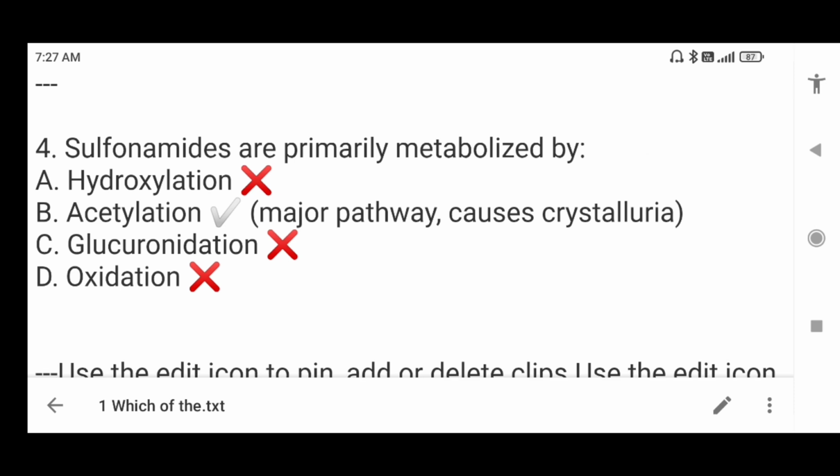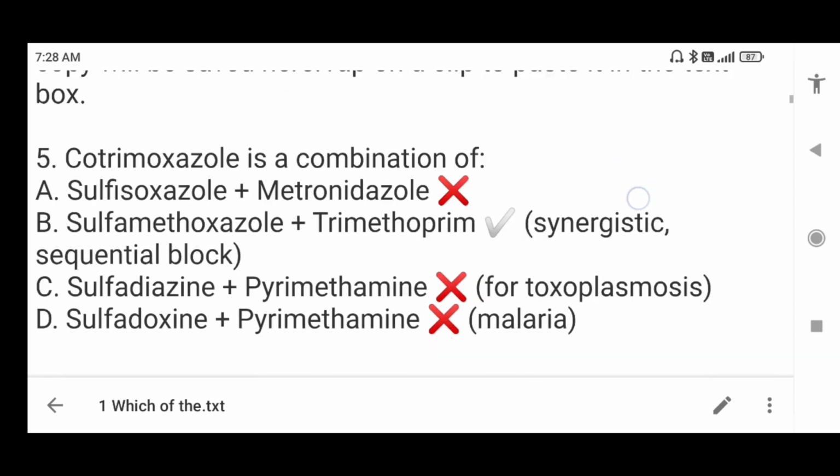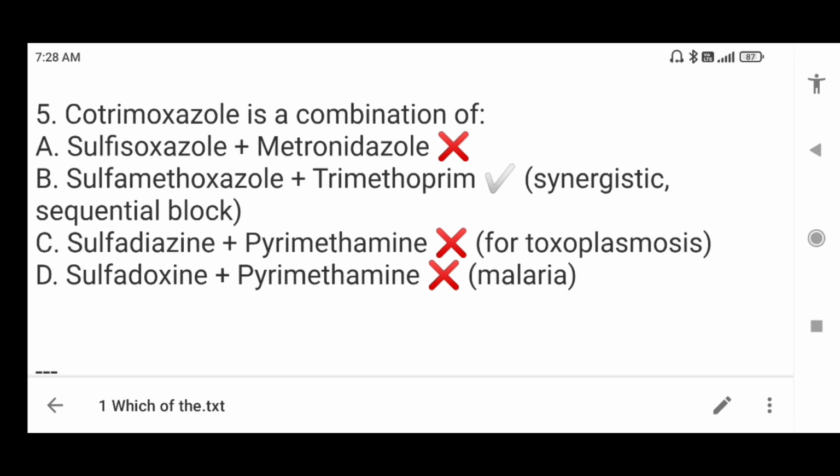Sulfonamides are primarily metabolized by acetylation. Cotrimoxazole is a combination of sulfamethoxazole plus trimethoprim. Sulfisoxazole plus metronidazole is a wrong answer.